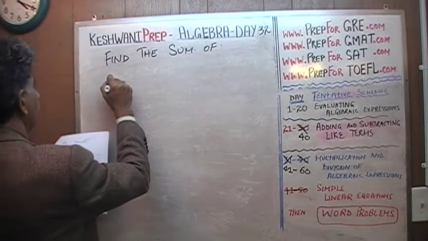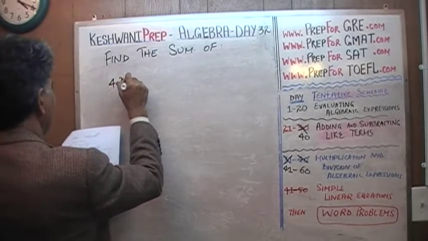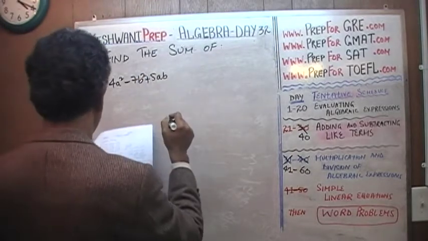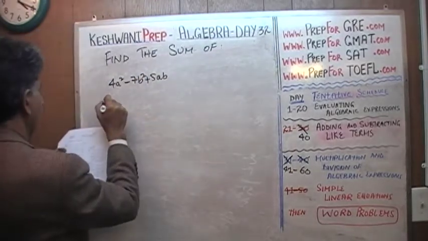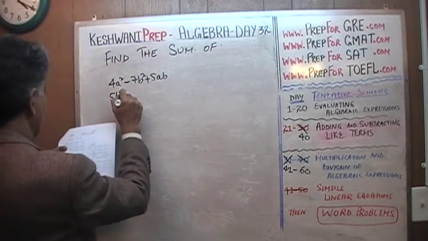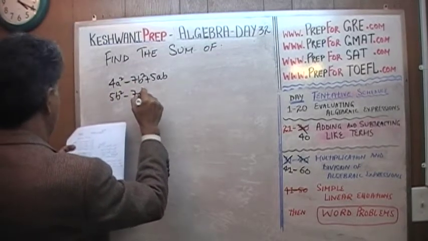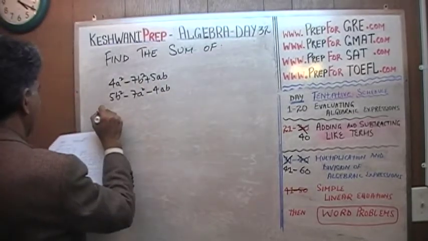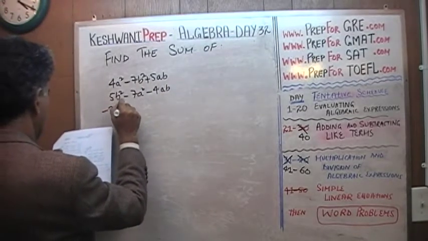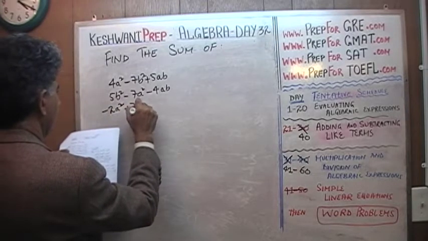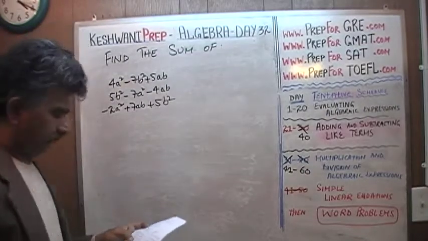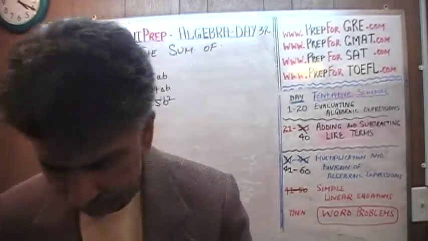We have 4a squared minus 7b squared plus 5ab. Then we have 5b squared minus 7a squared minus 4ab. Then we have negative 2a squared plus 7ab plus 5b squared. And we are asked to find the sum of these three expressions.